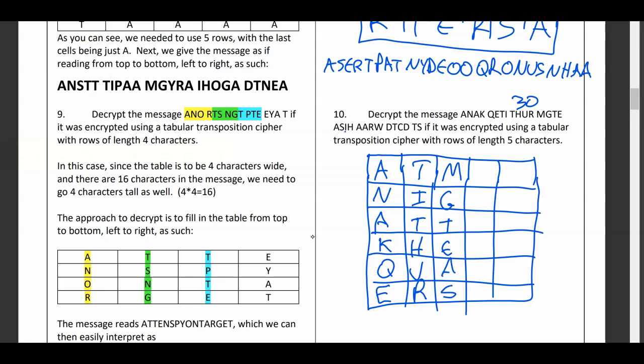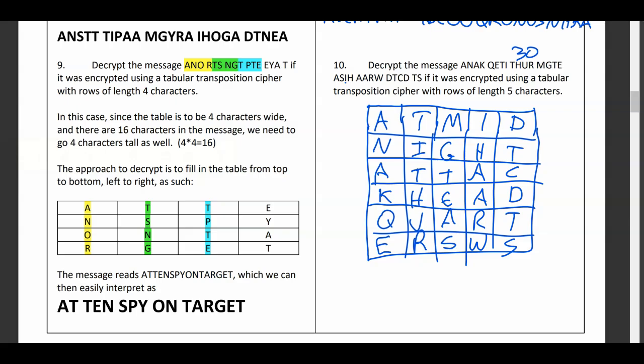Or the ASIH AARW DTCDTS. So that's the tabular transcription, and then we read left to right: at midnight.